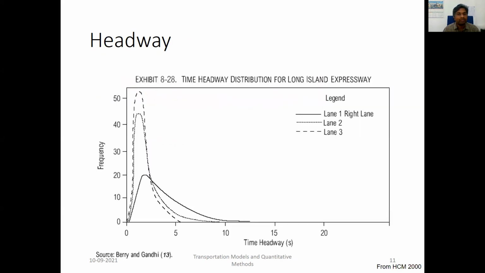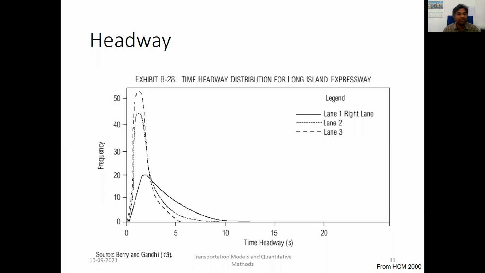And we have some headway distributions as well. We can obtain different distributions for different lanes, and also sometimes we can club up all the data and get one distribution for the overall road width. So in case of a lane discipline scenario, we have lane 1, lane 2, and lane 3, and so on. When you measure the individual headways, you can plot the histogram on the XY plot, like frequency versus time headway, and then you can obtain some distribution.